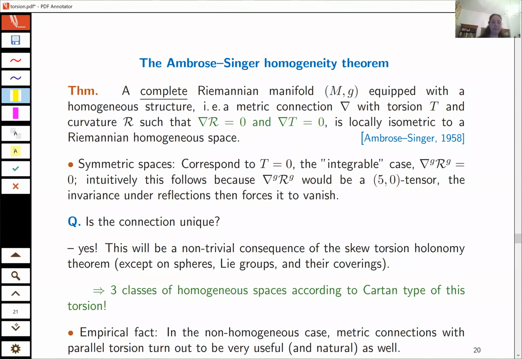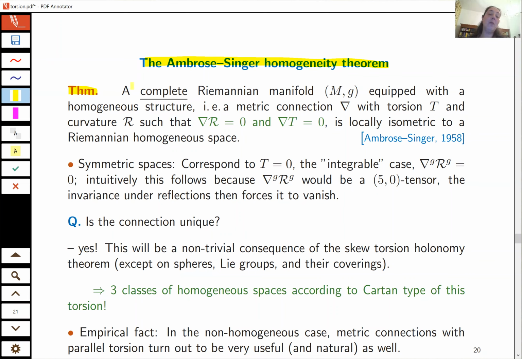Now, the Ambrose-Singer Homogeneity Theorem is the first step towards saying why connections with torsion occur in a natural way in differential geometry. So the version of the theorem I present here is the following.